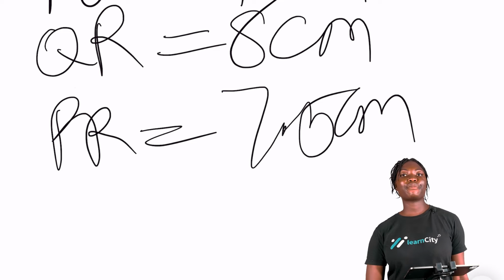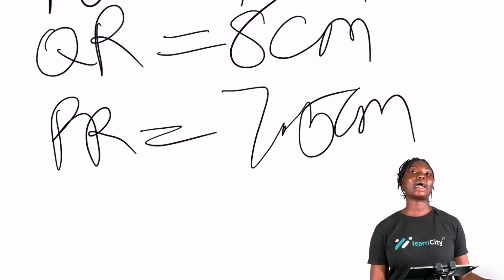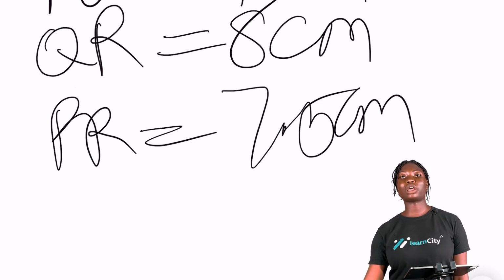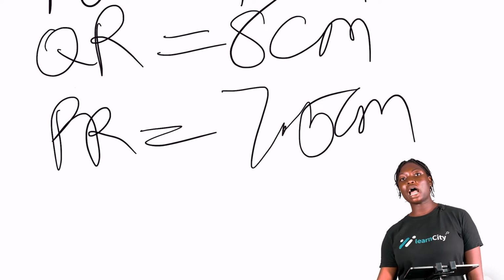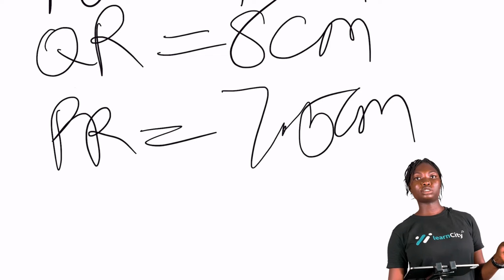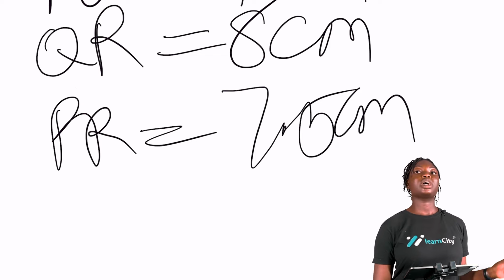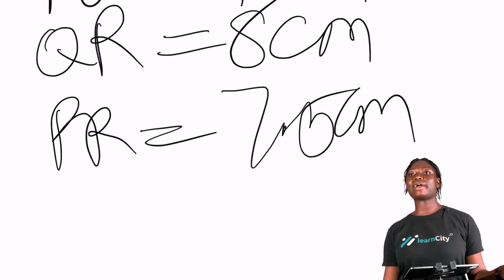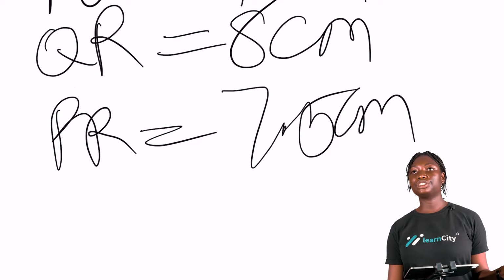And if SR is equal to SP, then we have to calculate angle SPR, giving our answers correct to the nearest tenth of a degree.